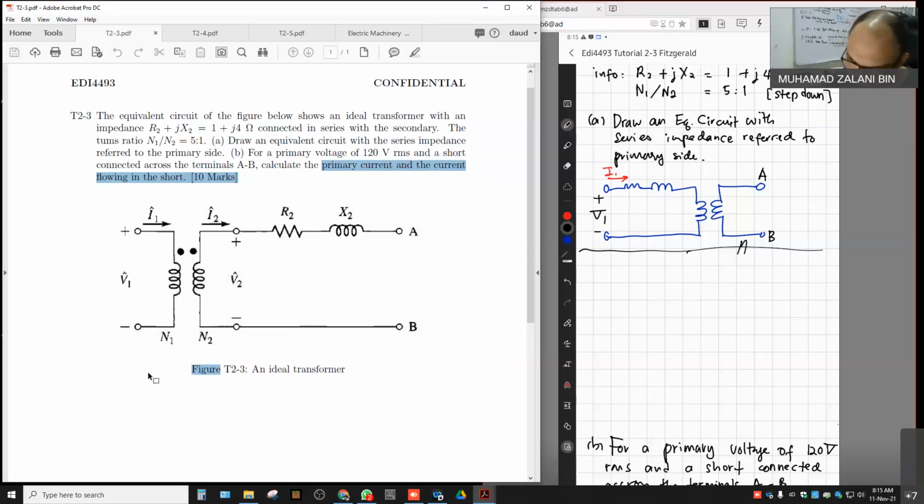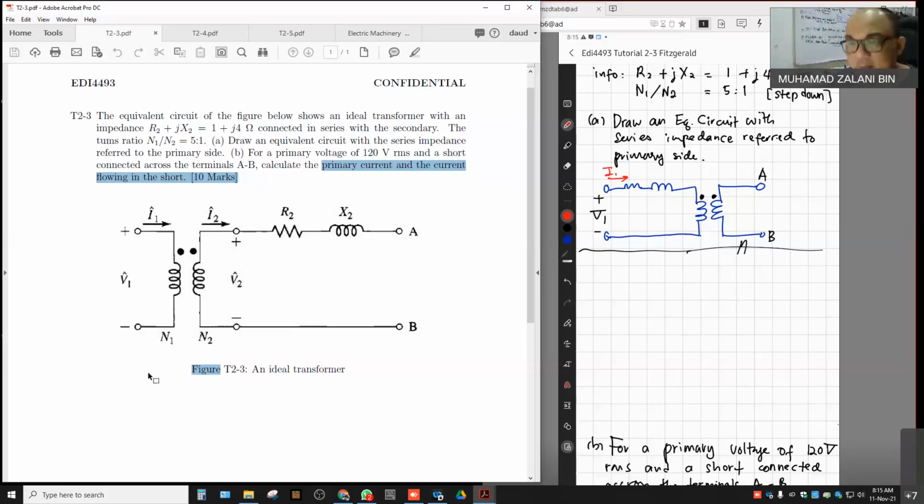And remember the dot convention for the transformer, that from that dot convention, we can determine the direction of voltage and current at the primary and at the secondary. All right. So just write down all of the variable.